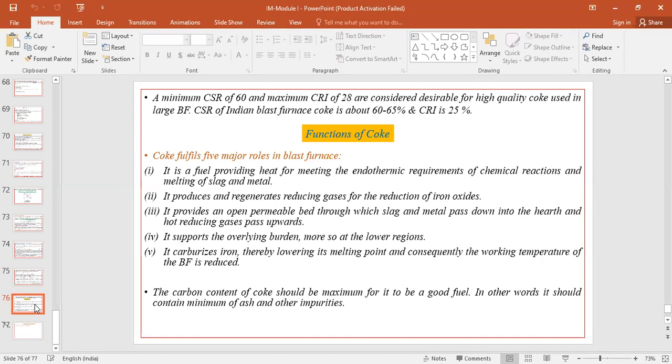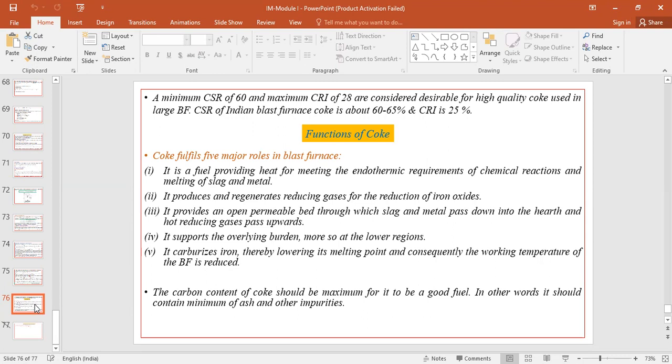And then finally, the functions of the coke. So what is the role of coke inside the blast furnace? Coke plays a major role inside the blast furnace.